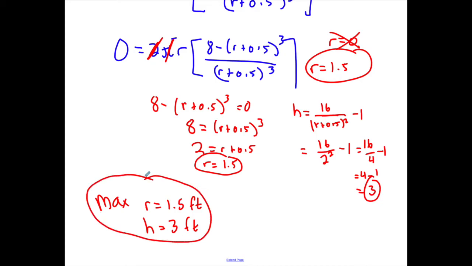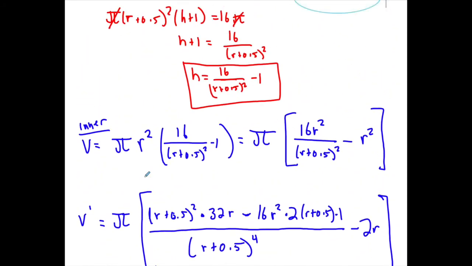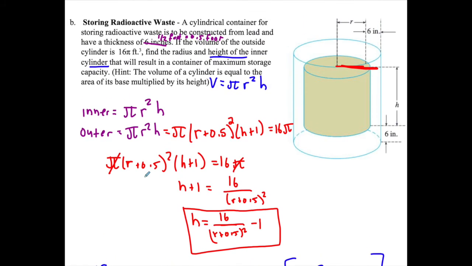Okay? So a lot went on there, but here's again what we need to think about. One, we have a relationship, volume, okay? And the volume relies on the r and the h. If you look at the diagram, you can see that there are two variables that we don't know.